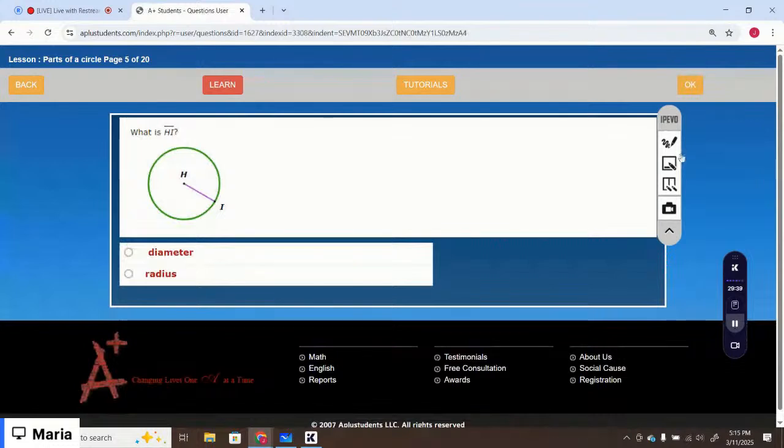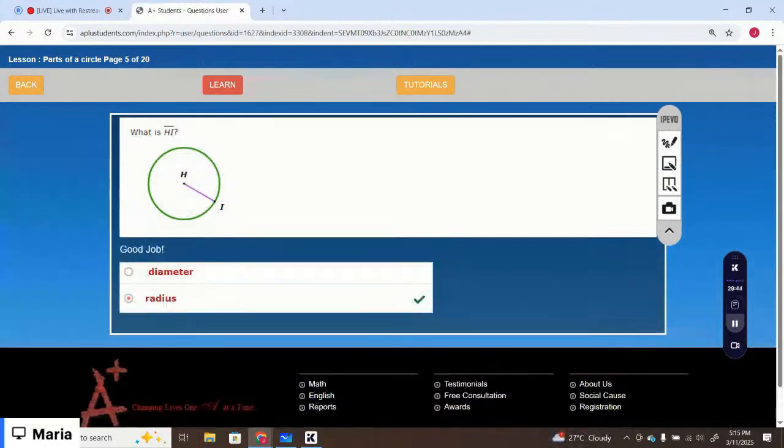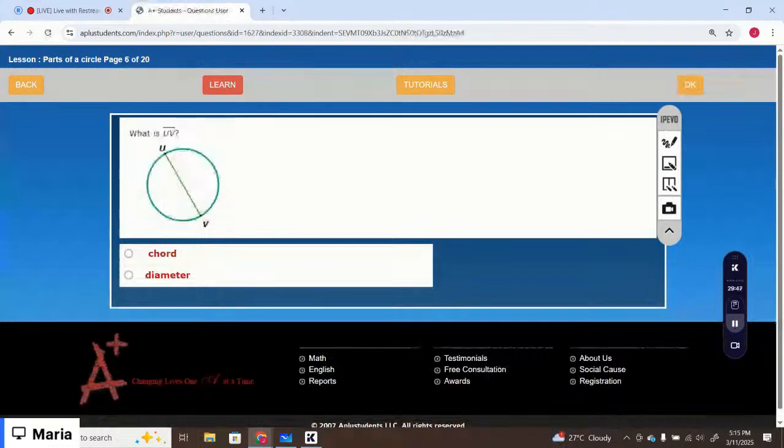That is radius. Option two is the correct option. What is UV? That is the diameter. The correct option is diameter.